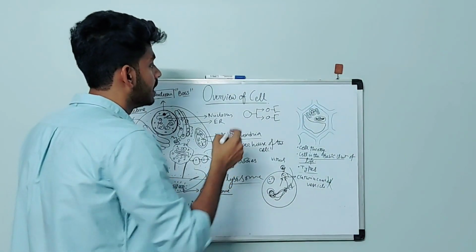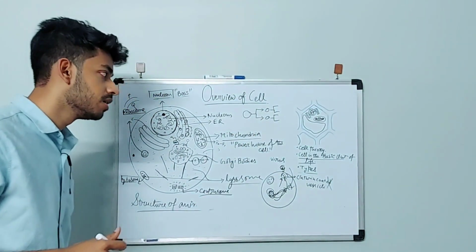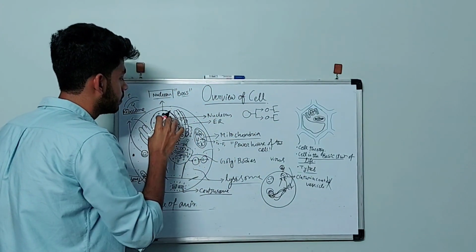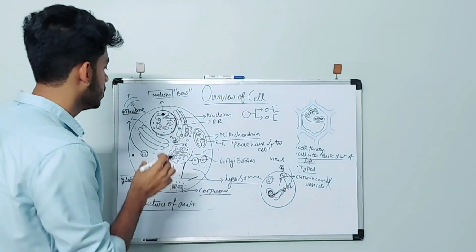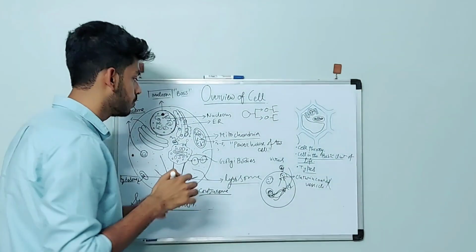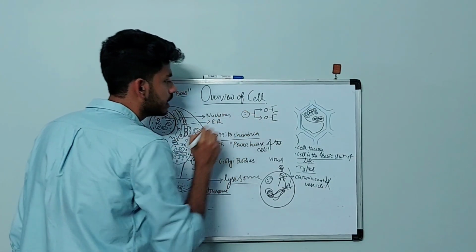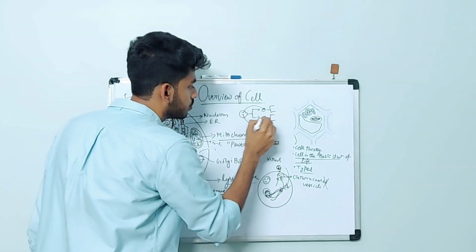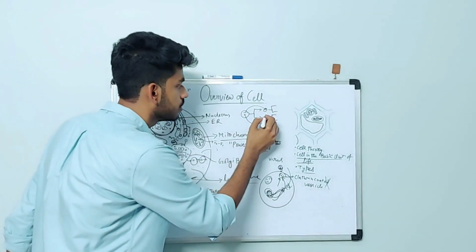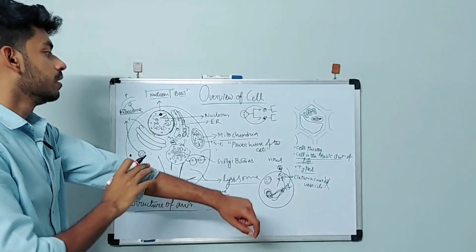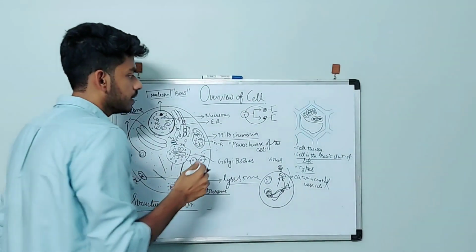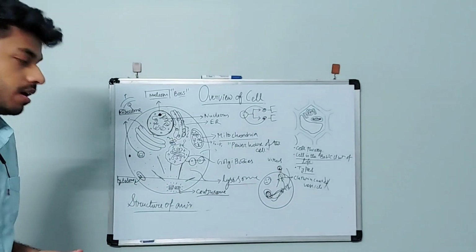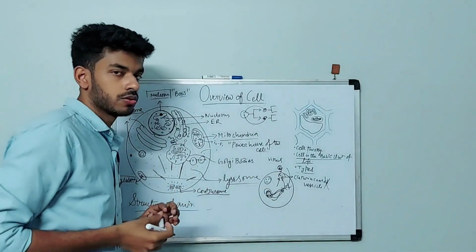When the multiplication process occurs, there should also be segregation of DNA. Suppose there is DNA in one cell, there will be duplication of DNA, and this duplicated DNA will be passed to the daughter cells one by one. Here is one, here is one. The segregation of the DNA is done by the centrosome.